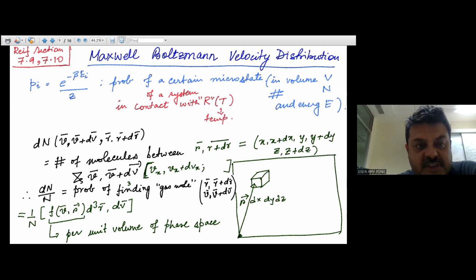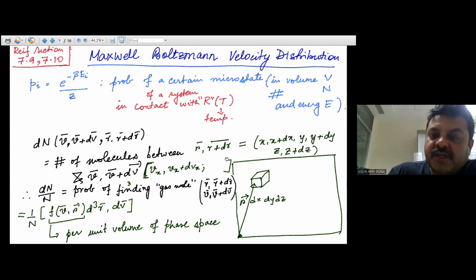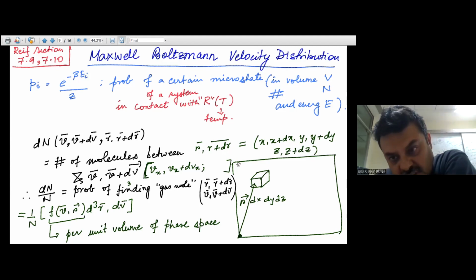But at the moment, the question we are asking is how many particles, dn, have velocity between v vector and v plus dv vector, and also are located in position r, between r and r plus dr. So what does this mean? You are looking at a particular system. Now the system is in contact with a reservoir, which I have not shown.